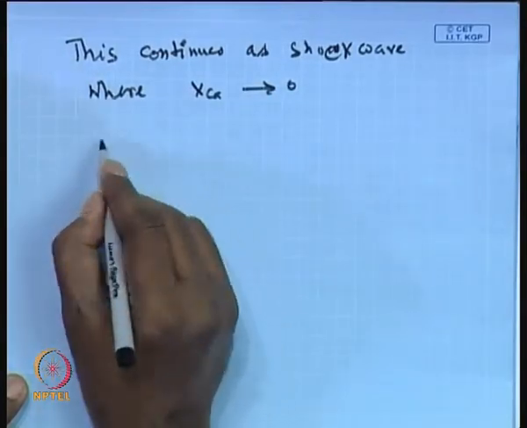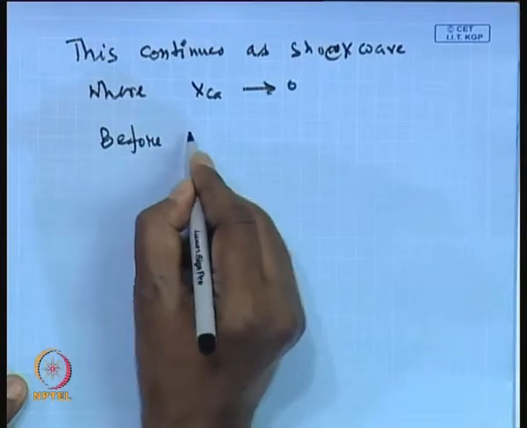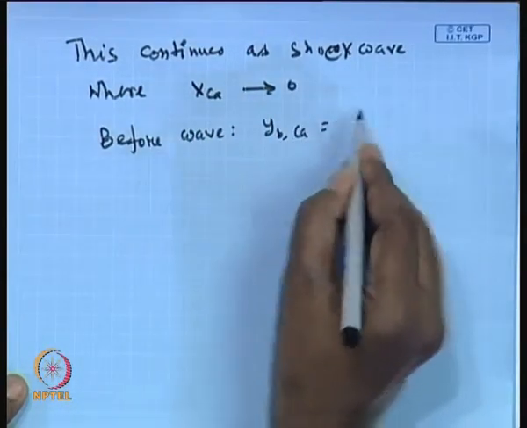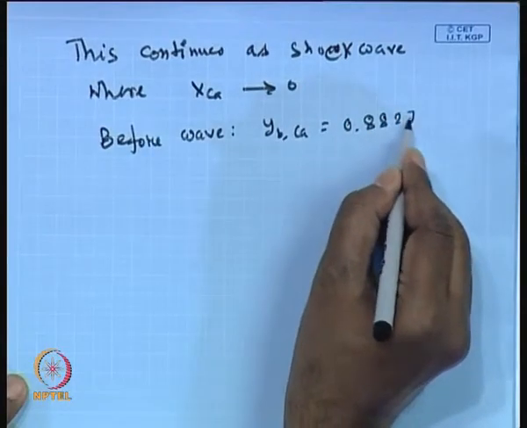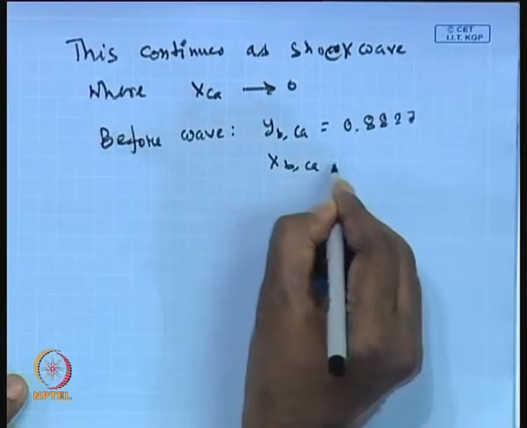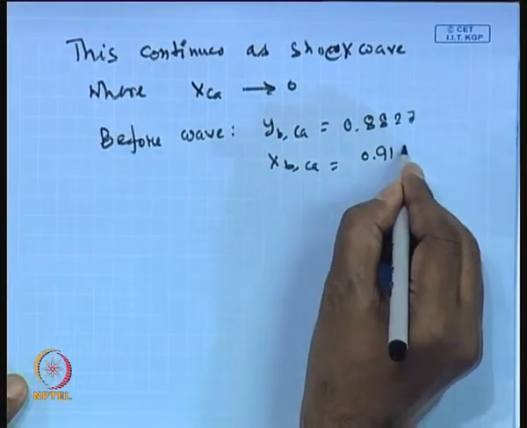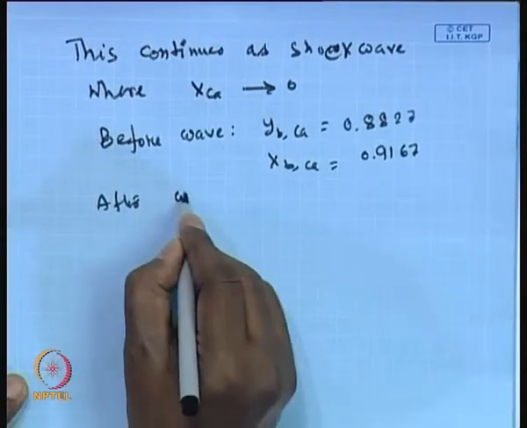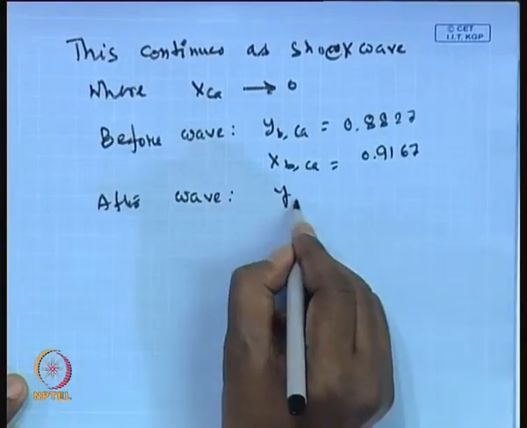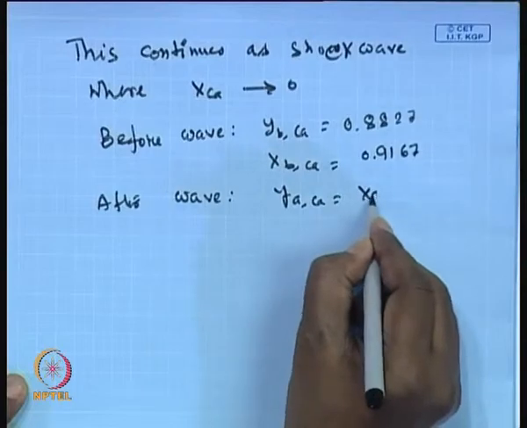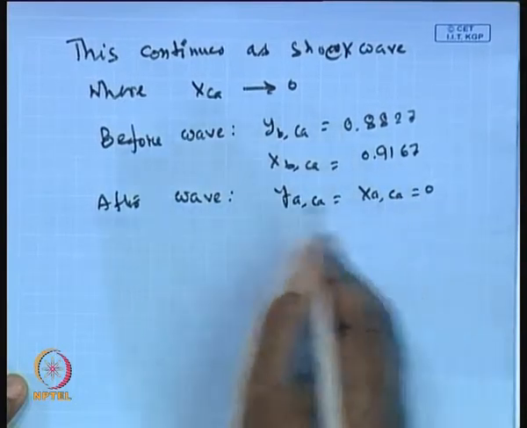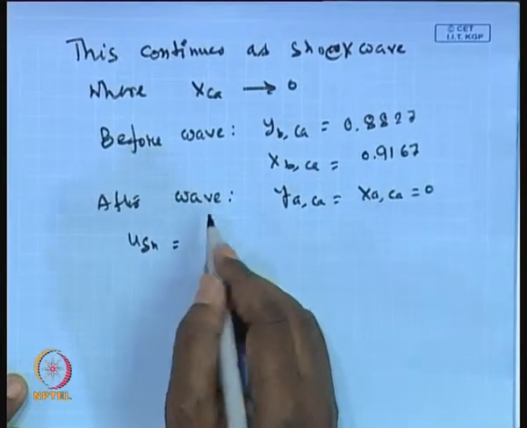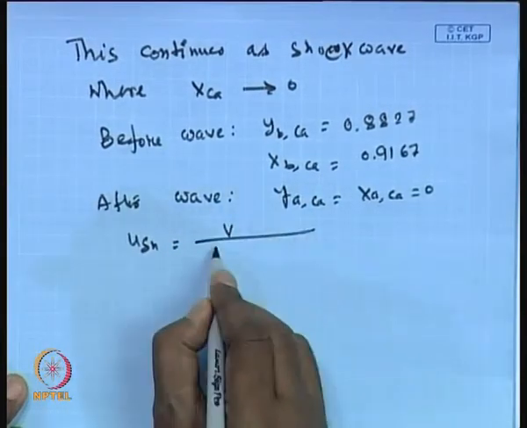So, before the wave you will be having YbCa as 0.8827 and XbCa as 0.9167, and after the wave you will be having YaCa equal to XaCa equal to 0. So, you can get the value of the wave velocity, the interstitial velocity.